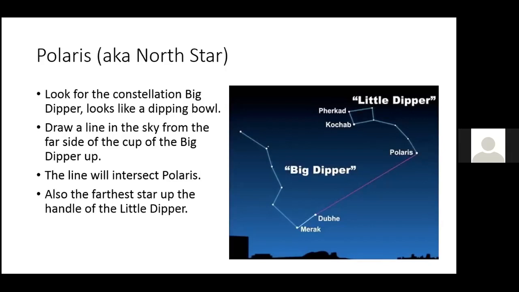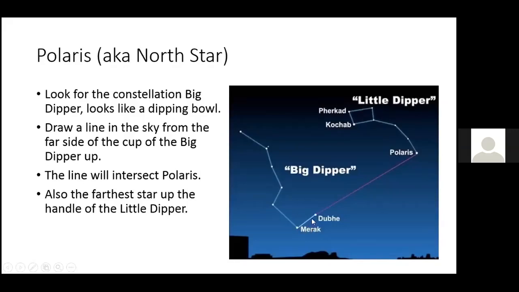To find it, we start out by looking for the Big Dipper, and it just looks like a big dipping bowl, right? It's got that dipping bowl shape to it. You use the last two stars, well, I call them the last two stars. The stars in the cup, the farthest point in the cup, are Merak and Dubhe.